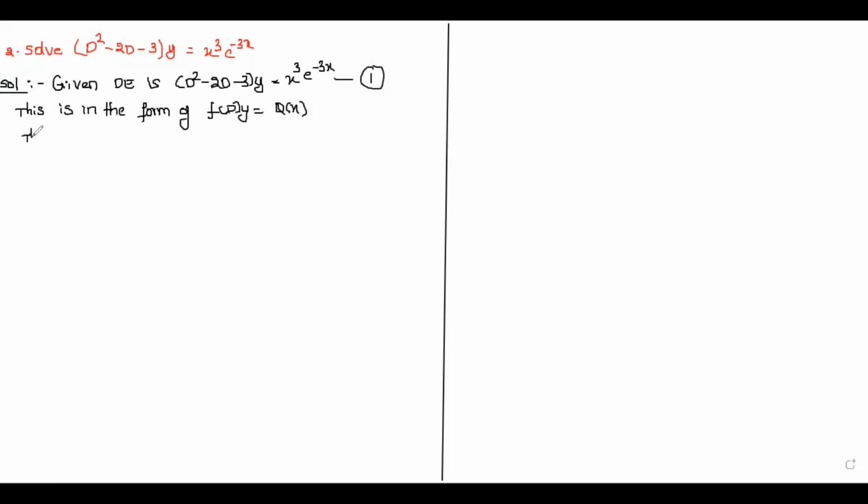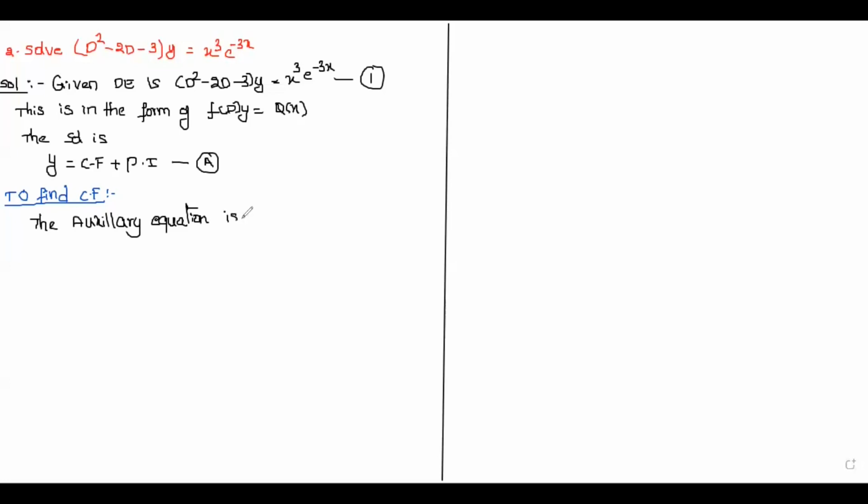So the solution is y is equal to complementary function plus particular integral. Keep it as A. Now to find complementary function, the auxiliary equation is f of m is equal to 0, implies m square minus 2m minus 3 is equal to 0.